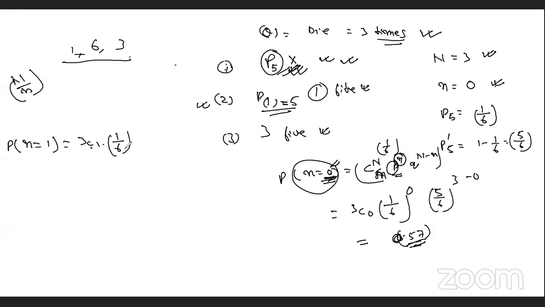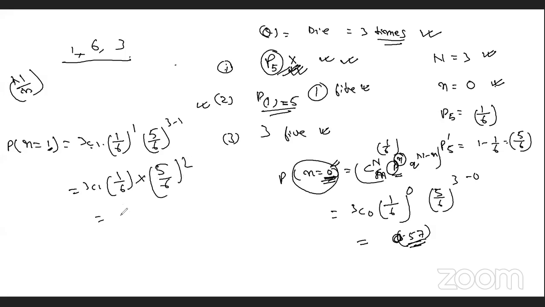The probability of occurring 5 in a single experiment is 1 by 6, to the power of the total number of successes that we are expecting, which is 1 for sure, into 5 by 6, meaning 1 minus p, the probability that we are not going to get 5, to the power 3 minus 1, which is equal to 2. So 3C1 into 1 by 6 into (5 by 6) squared.